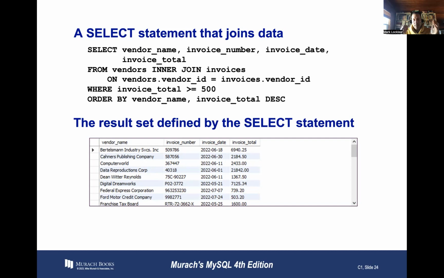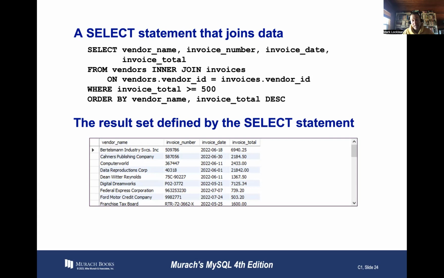We want to make sure that the data between those two tables is married up and correct. We're returning more than one vendor here, but we want to make sure that a particular vendor and the invoices associated with that vendor, which you can look at as two different tables, are the correct association between the data from one table and the data from another, in this case the vendor and invoices tables.